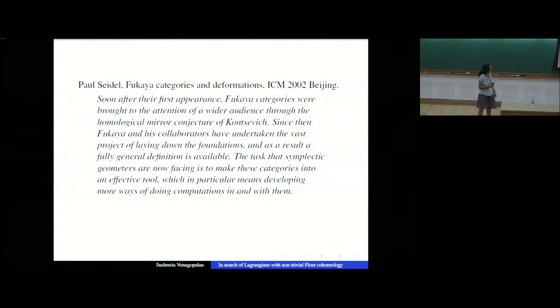So, Kontsevich's conjecture is that the Hochschild cohomology of a Fukaya category is the same as the quantum cohomology of the manifold. So this is my motivation to study this subject.